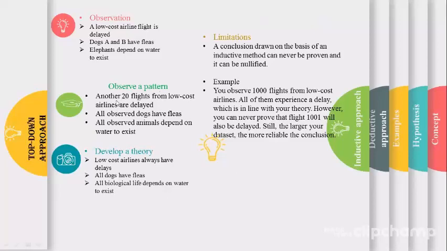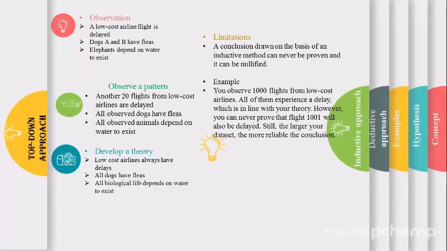So we observe that another 20 flights from low cost airlines have also been delayed. First we observe, then we find a pattern that yes, all 20 flights have been delayed. Then we come upon a theory that all the low cost airlines are having delays.